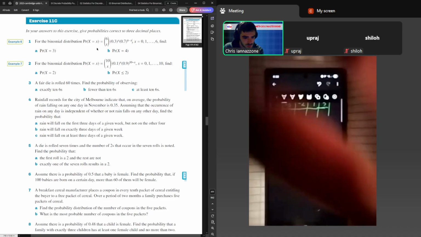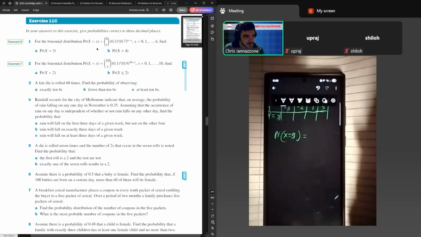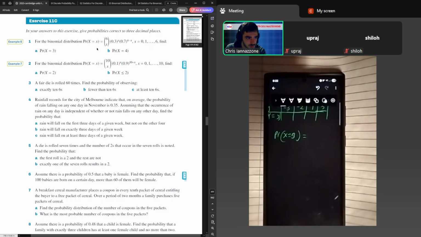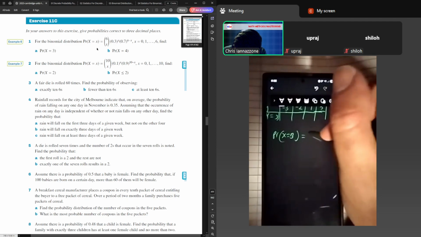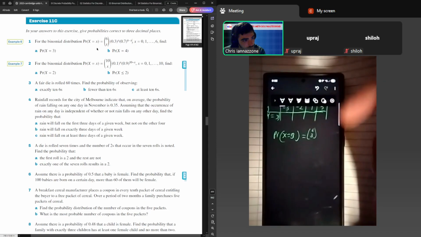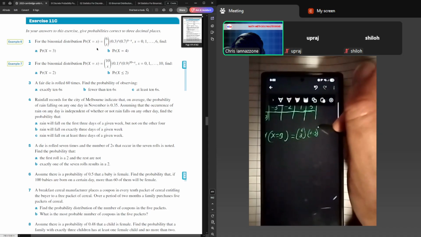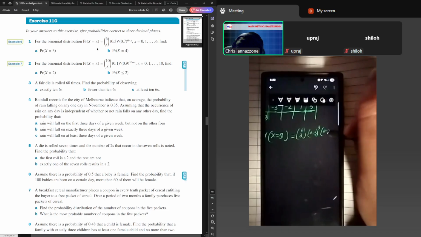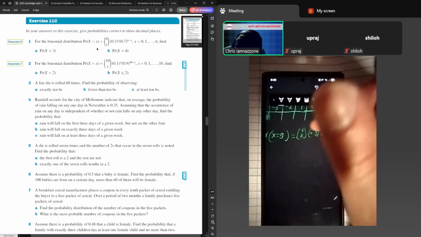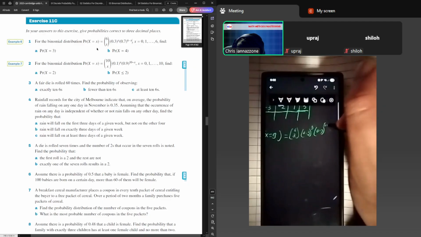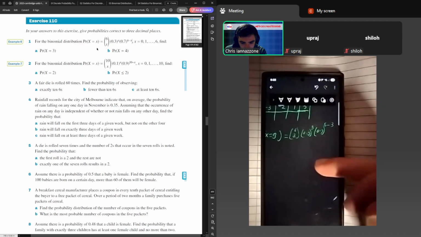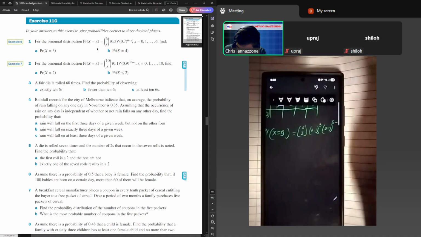So because you're looking for capital X equals 3, it just means that every x you see in the Bernoulli sequence, you're going to replace with 3. So the nCr with an x is now going to have a 3 in it. Then we had 0.3 to the x, and then we had 0.7 to the 6 minus x. And then all we're going to do is simplify these.